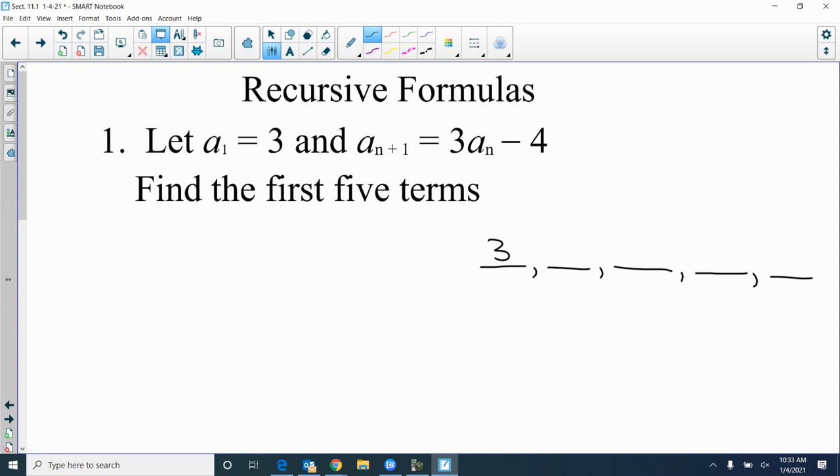Okay, from there. Josh, any ideas? 5. Second term's 5. Okay. What's the third term? Aaron? 11. Okay. What's the fourth term? Nathan?